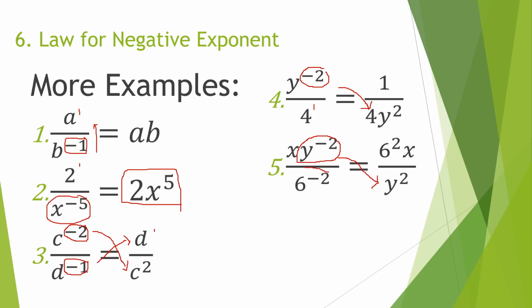And then 6 raised to negative 2 should be moved to the numerator for its exponent to be positive. So we have 6 squared. And x remains in the numerator since its exponent is positive 1. So the final answer here is 6 squared x over y squared.